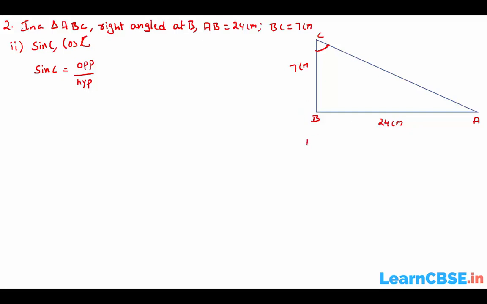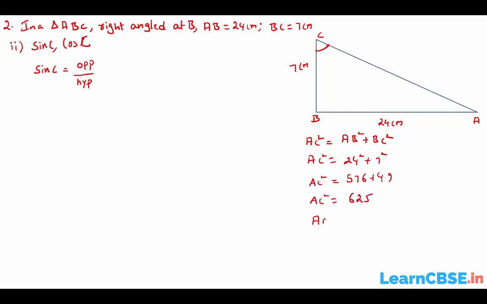That means AC square equals AB square plus BC square. Then AC square equals 24 square plus 7 square, which gives here 576 plus 49. That means AC square equals 625.